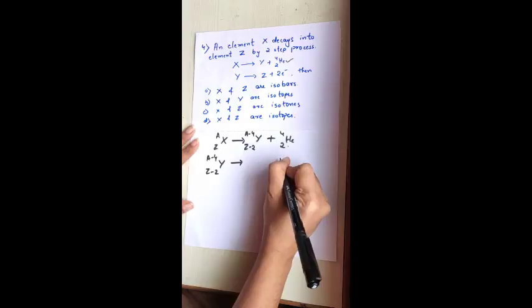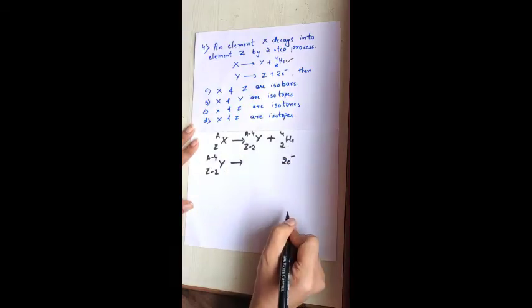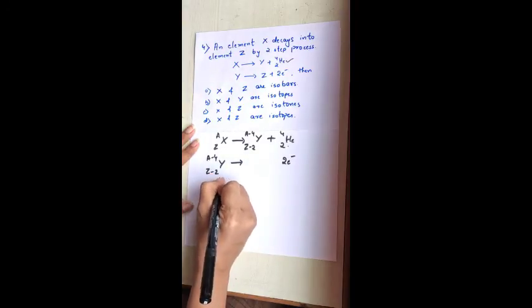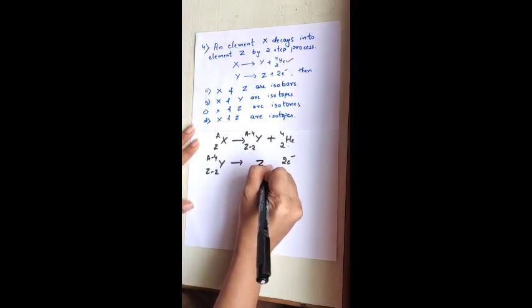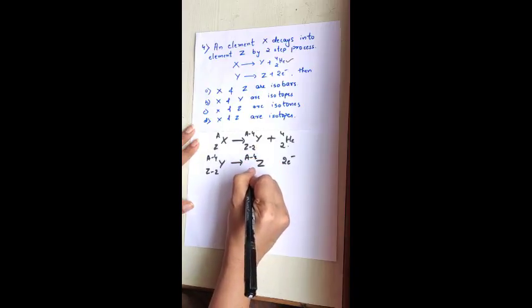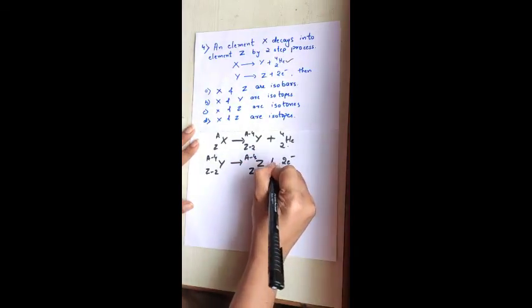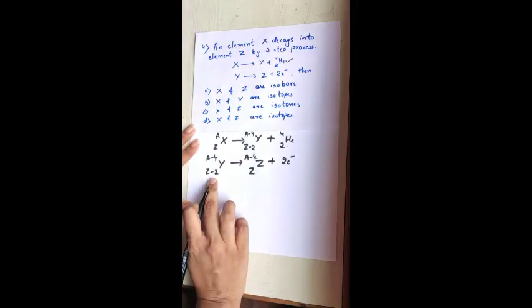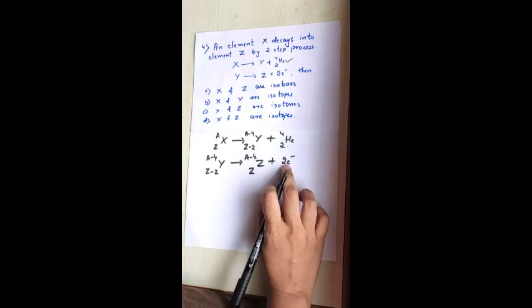The second reaction given is here 2 electrons are liberated, right? So 2 electrons being liberated means I get the product nucleus to be A minus 4, Z. Okay, so that is, 2 neutrons get converted into protons and hence 2 electrons are liberated here.